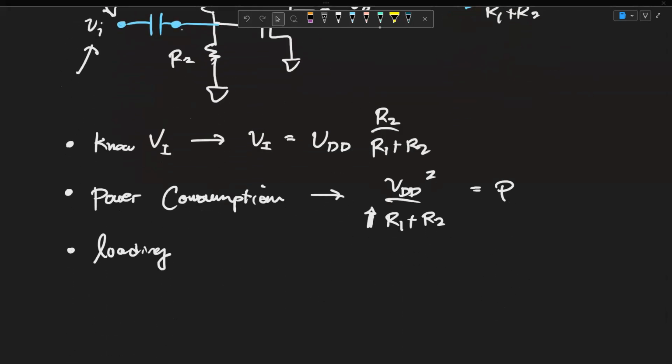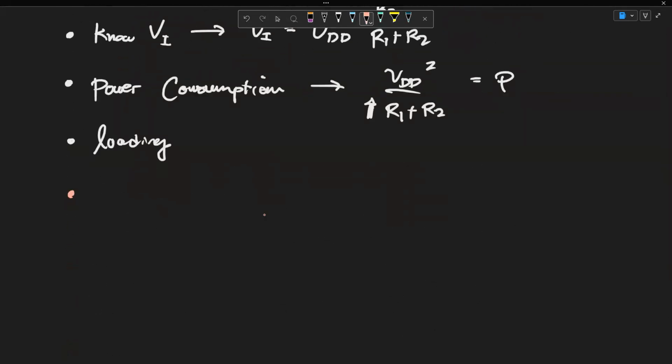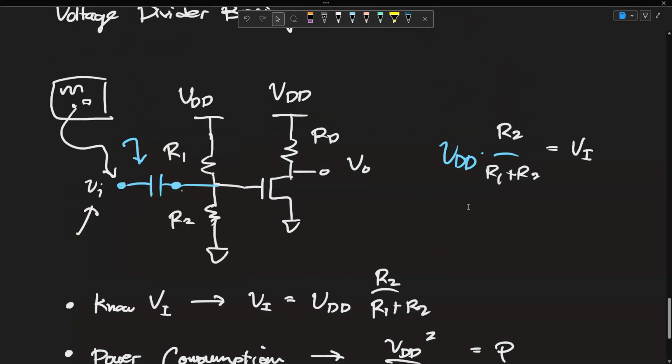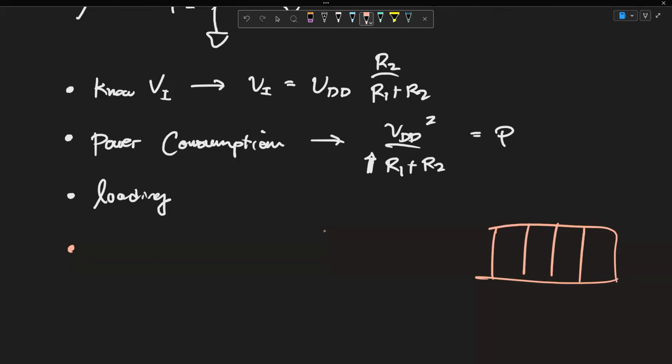Now, the cons. Why don't we usually use voltage dividers for biasing circuits? Well, that's not true. I used it in the project, and that's what everyone used for the project. It's not just me, so it's fine. But your problem is, in the project it's possible, in the lab it's possible, on the breadboard. Why? Because in the lab, sir brings a tray with a ton of resistors, so if the bias voltage doesn't hit, you take others.